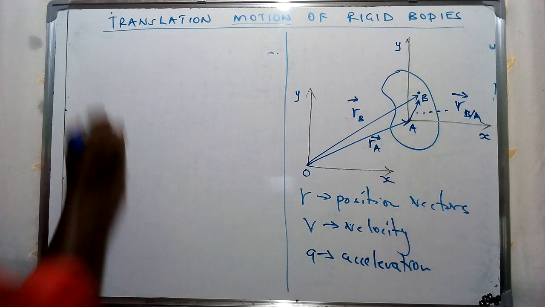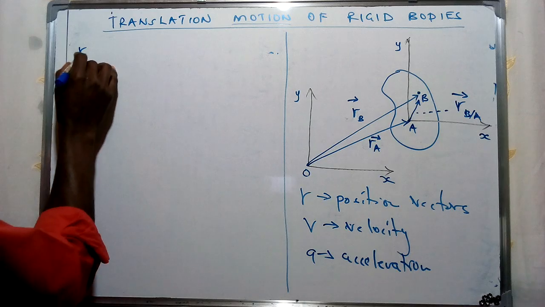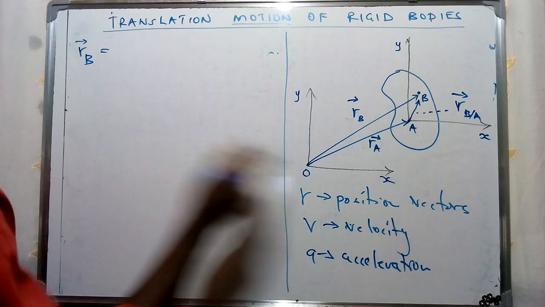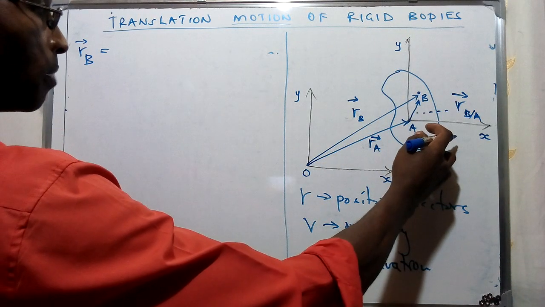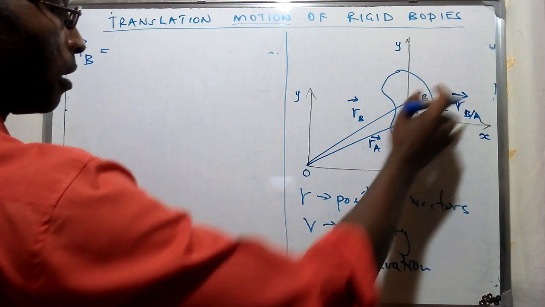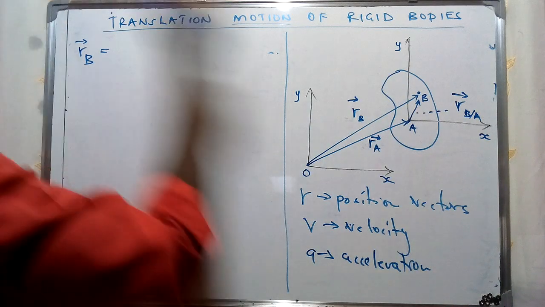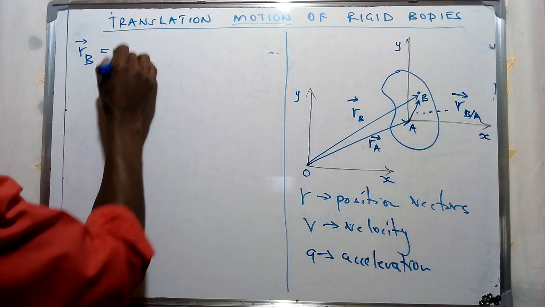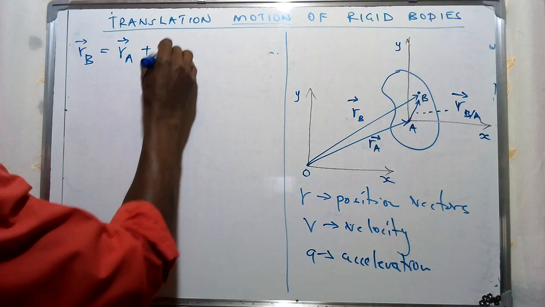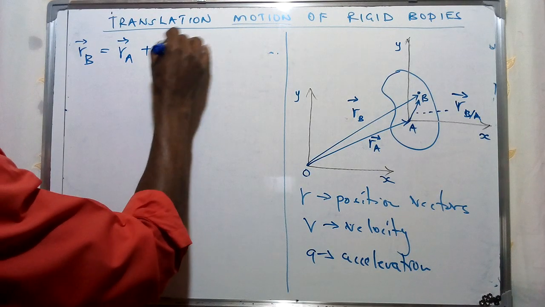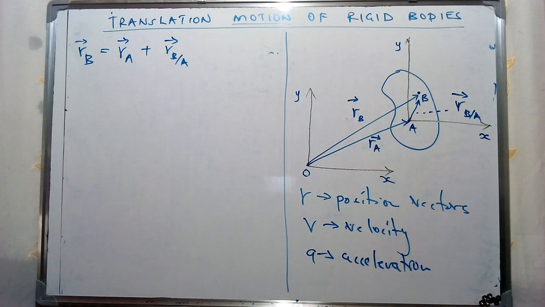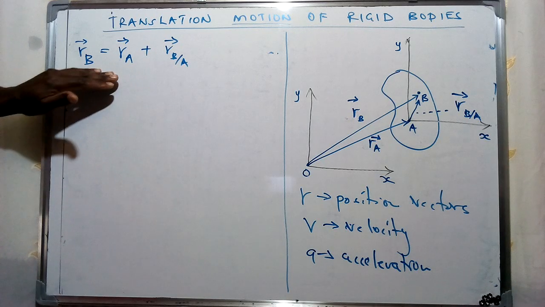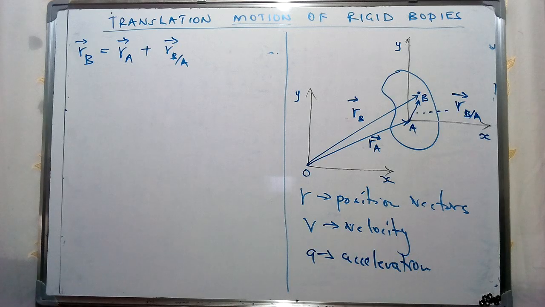In this case, we can describe the absolute position vector of B, r_B, as the summation of r_A and the component r_B/A, which gives the position between A and B. Therefore, r_B is given as the sum of r_A and r_B/A, forming our absolute position vectors.